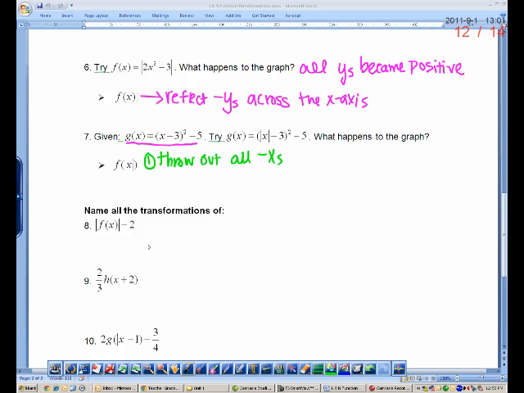You're going to keep your positive x's, and you're going to reflect positive x's across the y-axis. You might want to also write keep your positive x's so that you remember that that's part of your graph. But when you are telling me the transformations, you don't have to write that down. Okay?